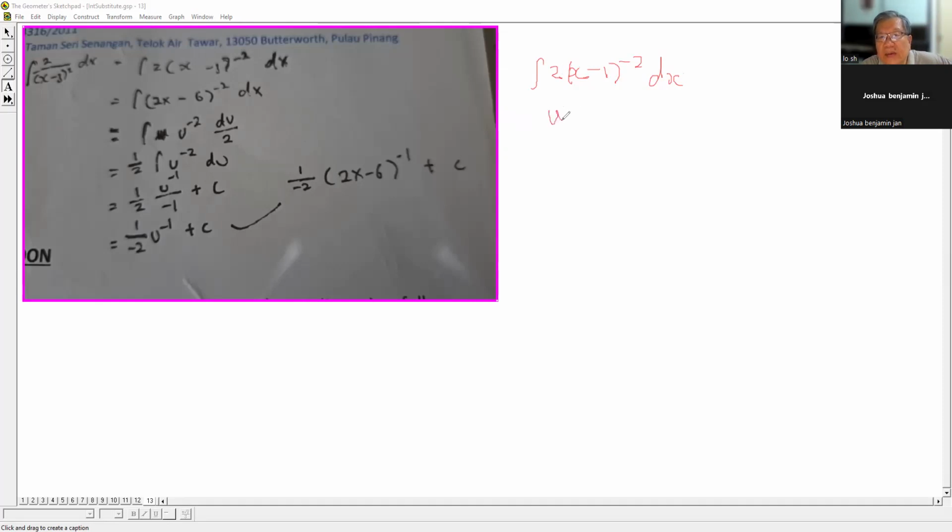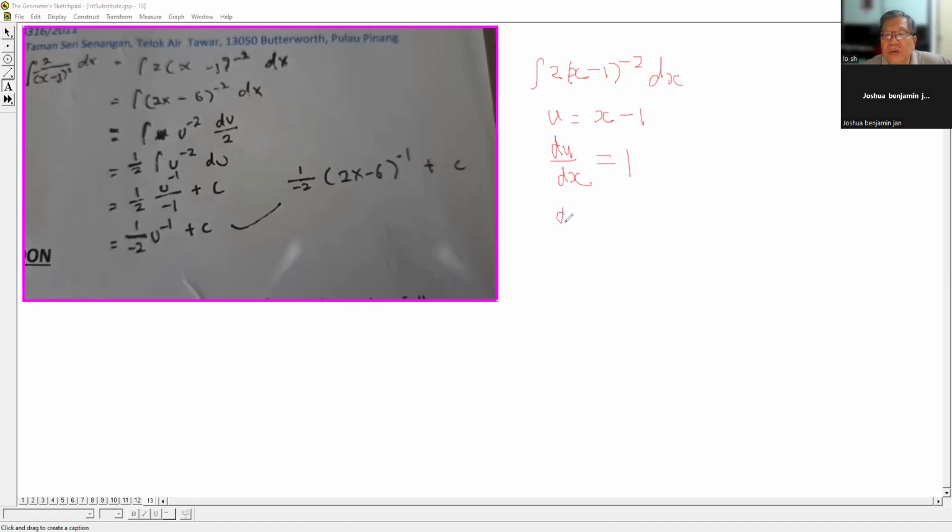So the next step is let u equal to x minus 1. You differentiate: du over dx equals 1.